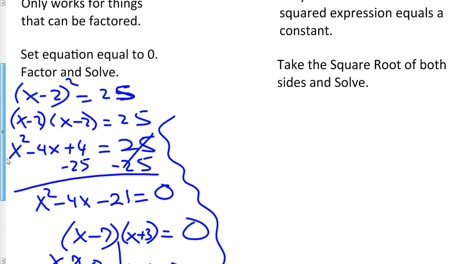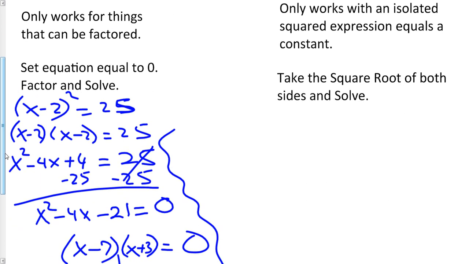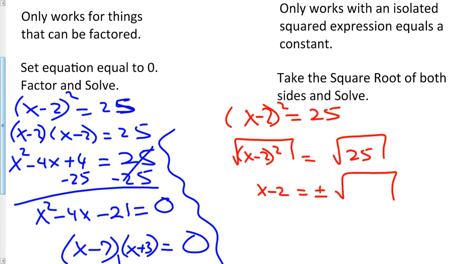If I was to choose a method, I probably would choose the square root property method. So starting again, I have x minus 2 squared is equal to 25. I take the square root of both sides, and I end up with x minus 2 is equal to plus or minus the square root of 25, which gives me x minus 2 is equal to plus or minus 5.